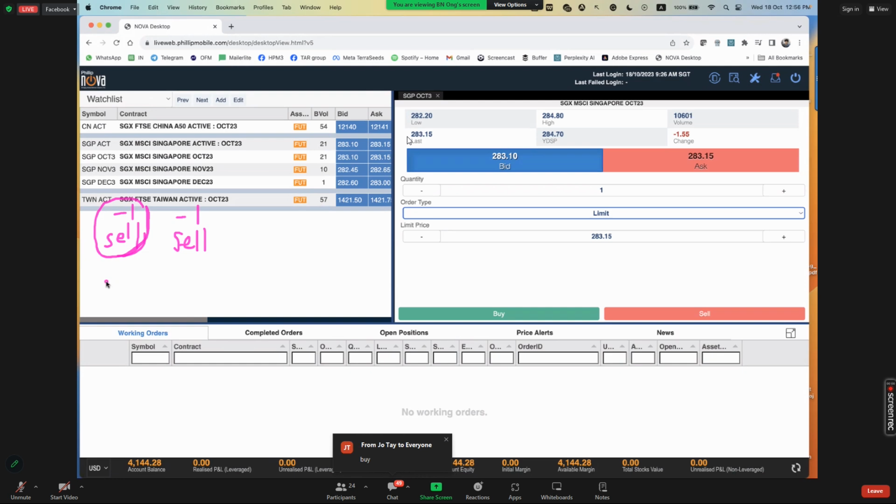Yeah, you have to buy, right? So you have to +1. That means you have to buy. So let's say, for example, you have 2 sells, and then you say, oh yeah, next one, I want to buy. So you +1 here, you bought. You want to have 2 sells and 1 buy.